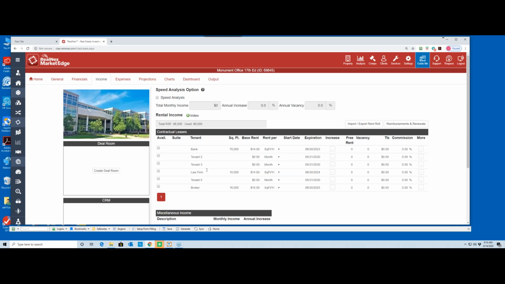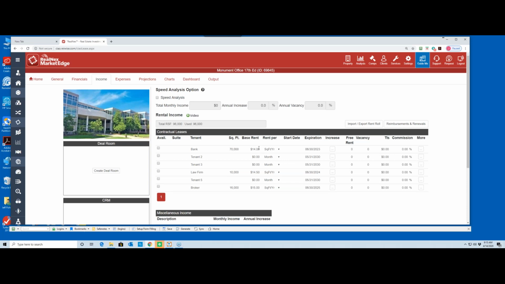In this example, I have 3 different tenants. I'd originally had an example where I had more than 3, so you see ones I just didn't fill in the information on. I've got a bank, a law firm, and a broker, so I'm just using these 3 in this particular case. So the bank has 70,000 square feet.